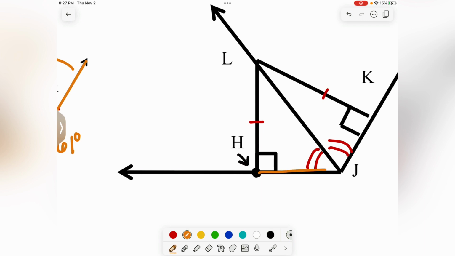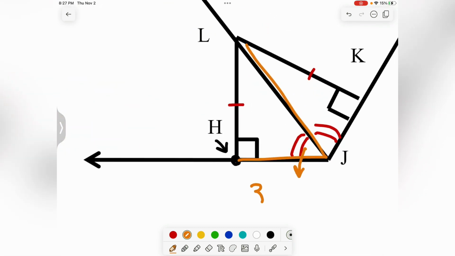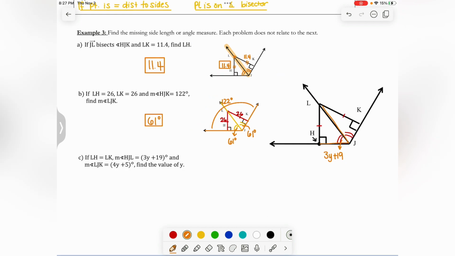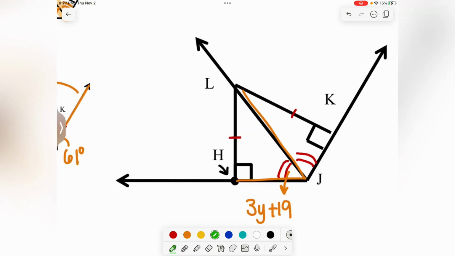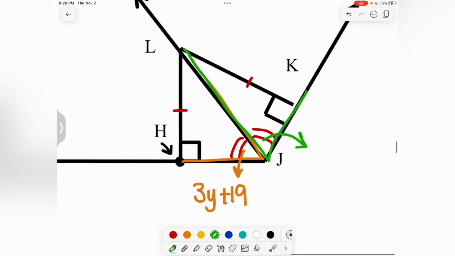So HJL, that angle, is 3y plus 19. LJK, this angle, is 4y plus 5.